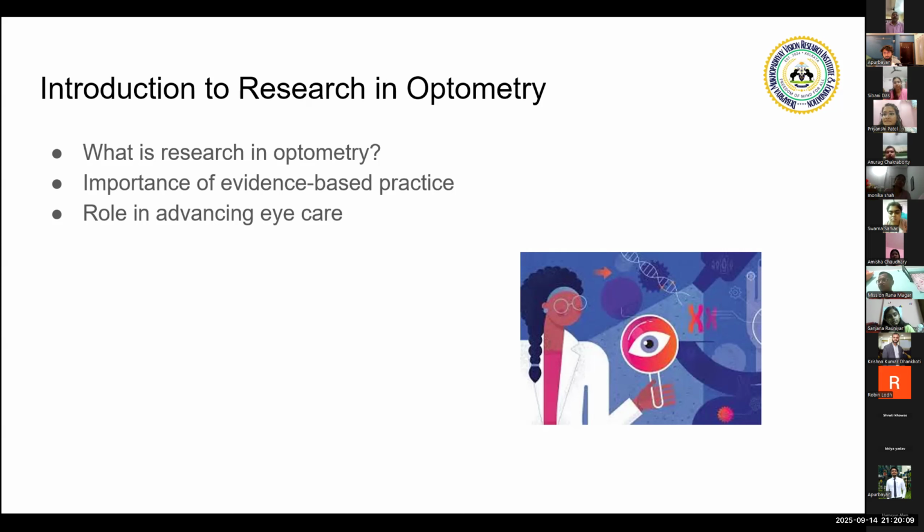Now, there are certain things which are important in evidence-based practice. Evidence-based practice means what? If someone is doing an eye checkup, someone is doing refraction. In that particular practice, suppose Apurvayan is doing evidence-based practice, on his clinic's regular basis the patients are coming. What type of patients are they?